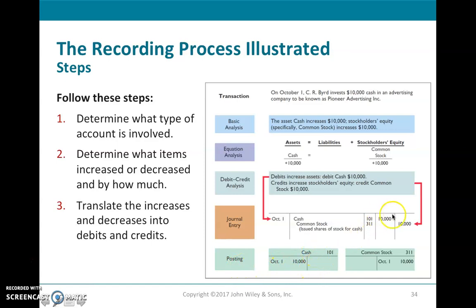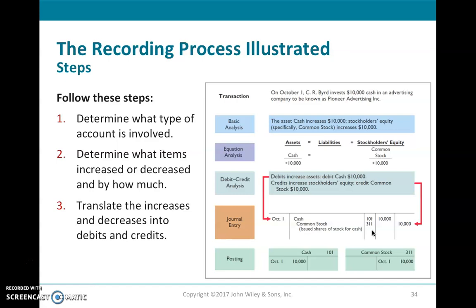So in this case, the 10,000 debit to cash goes on the debit side of the T account for cash, and the 10,000 credit to common stock goes to the credit side of the common stock T account. And the account number is written in the reference column of the general journal. Now, remember, each transaction must have at least one debit and one credit, and the total dollar amount for debits must equal the total dollar amount for credits.